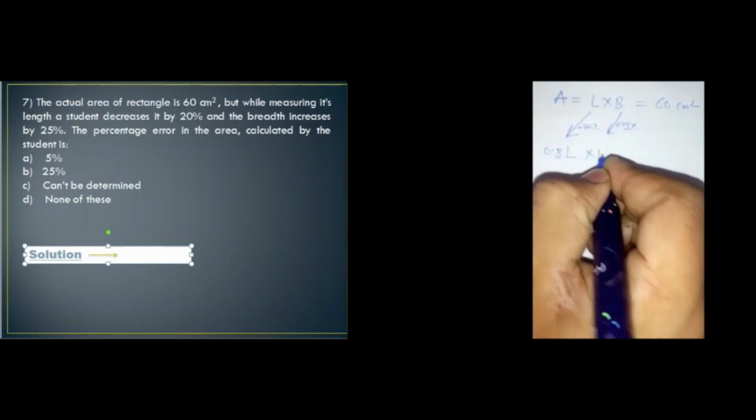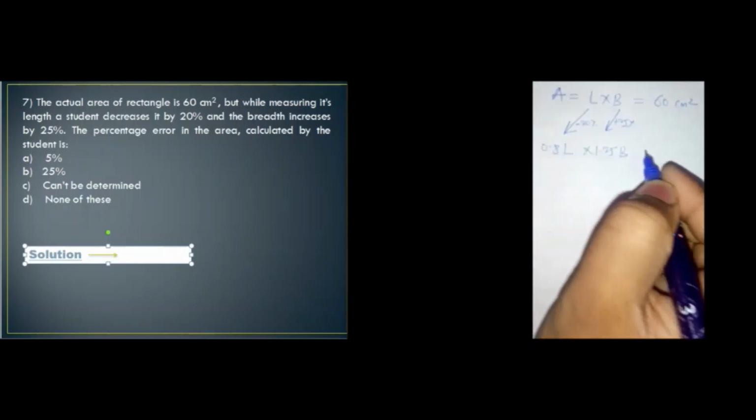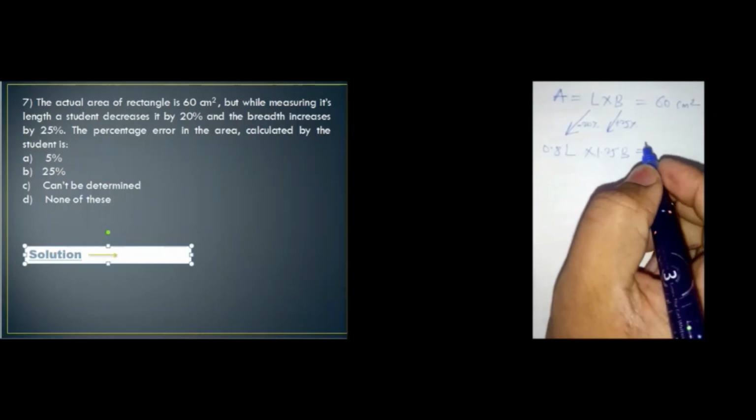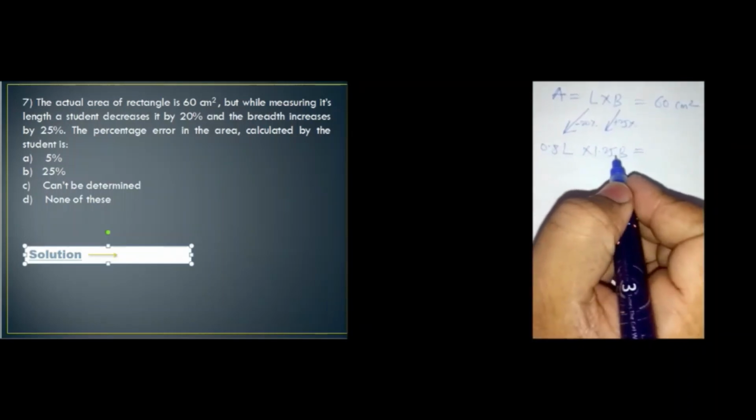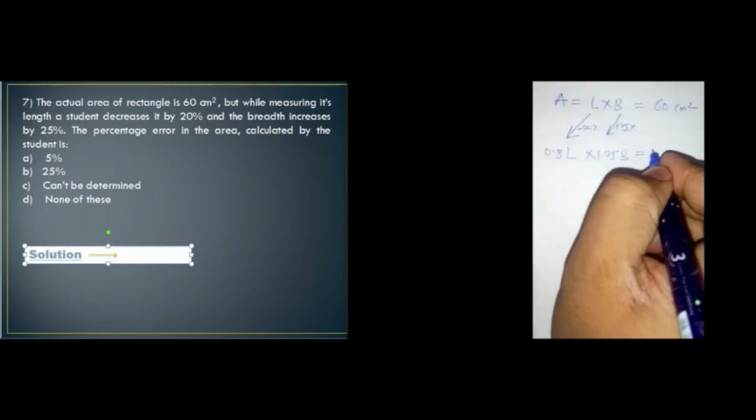So the breadth has become 1.25 times the original breadth. If we calculate 0.8 into 1.25, it will come out as 1.